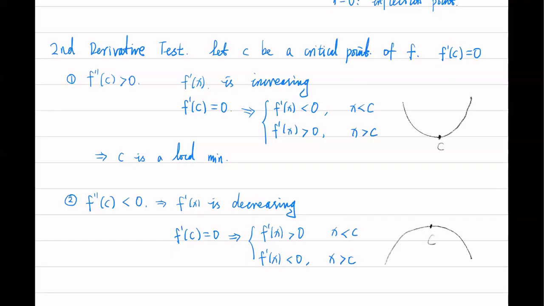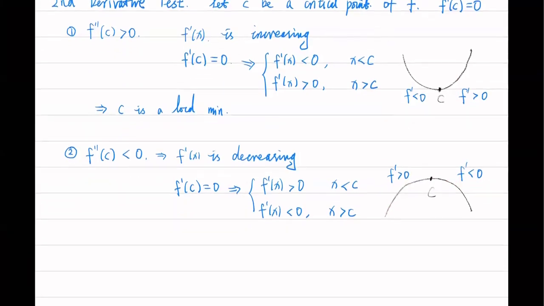So on this side, f derivative, f derivative, f derivative. The same thing we have just mentioned. When the first derivative changes from negative to positive, we have a local minimum. First derivative from positive to negative, local maxima.